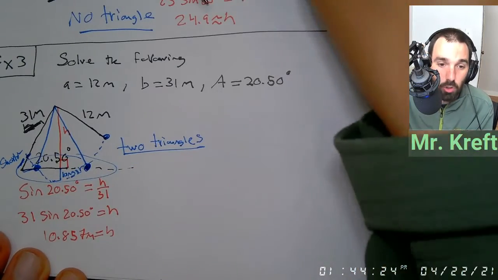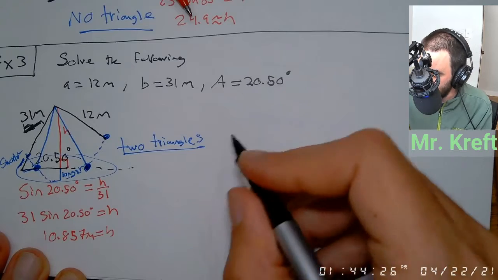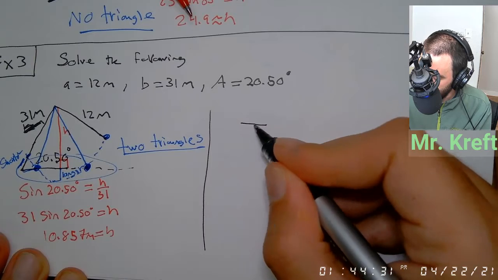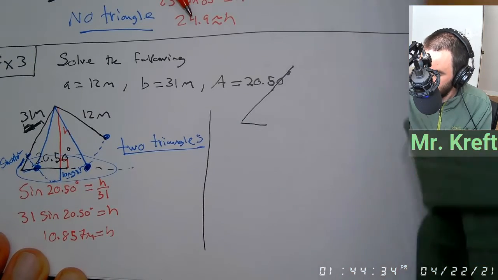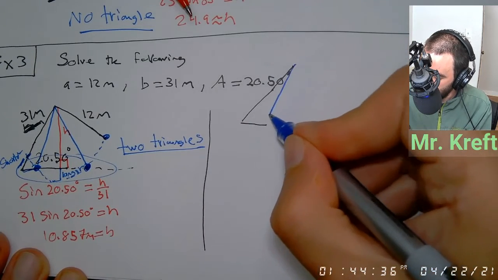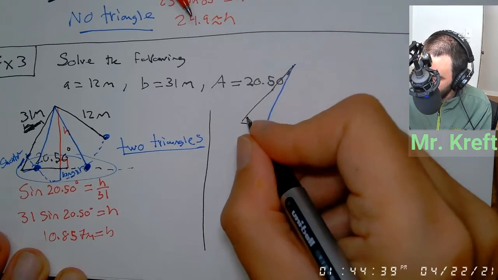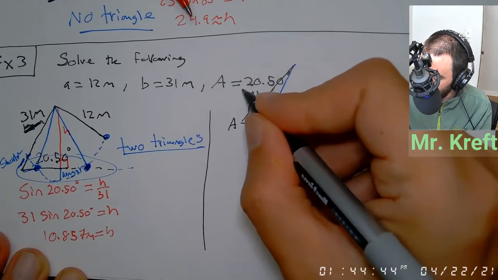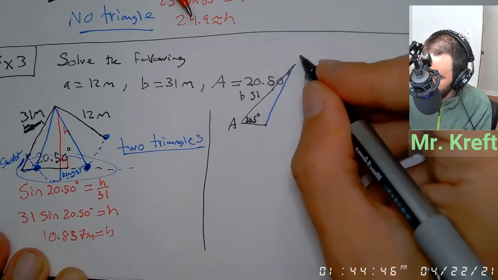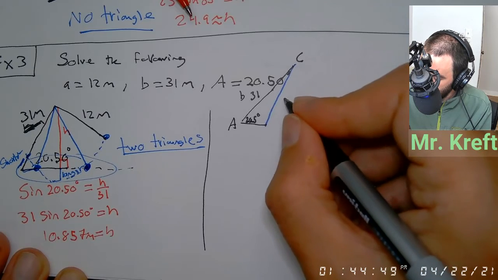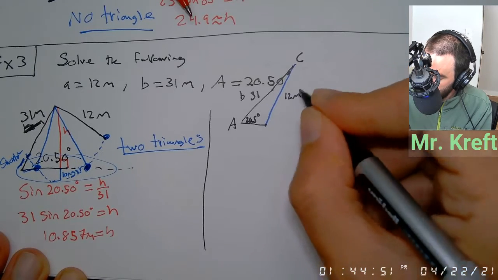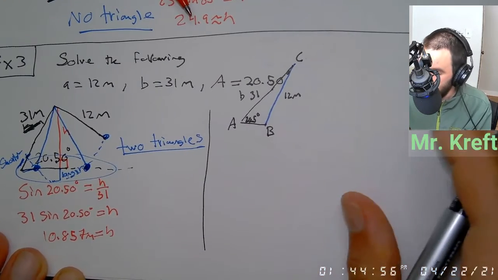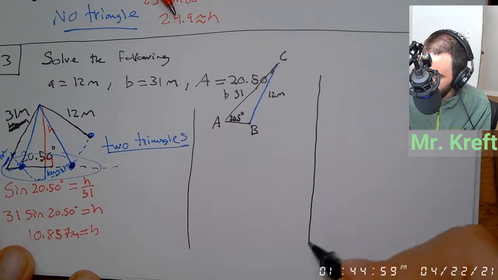So I'm going to redraw these triangles to help give me ideas. So one of them is going to look like this. Okay, so this is 20.5, so this is A. This is 31, so this is B. This is angle C. This is 12, and then this is angle B. Okay, so there's one triangle.